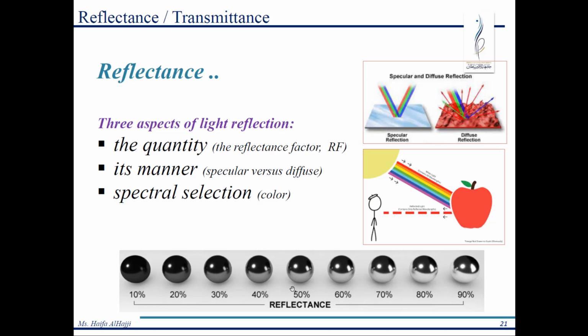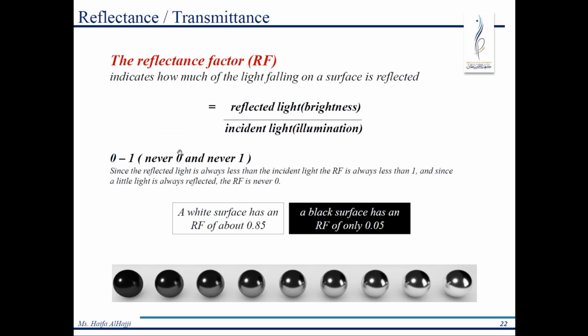These are also examples of the reflectance factor. As we can see, this is a 0.1 reflectance factor, and this is a 0.9 reflectance factor. So it's like a percentage ranging from 0 to 1. Let's have a look at each one of them in more detail.